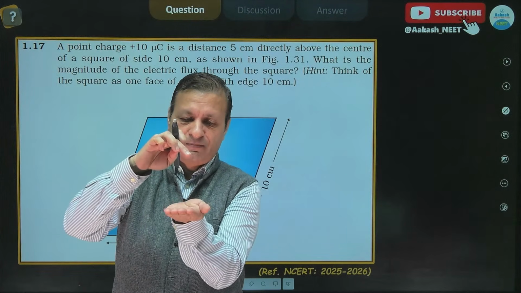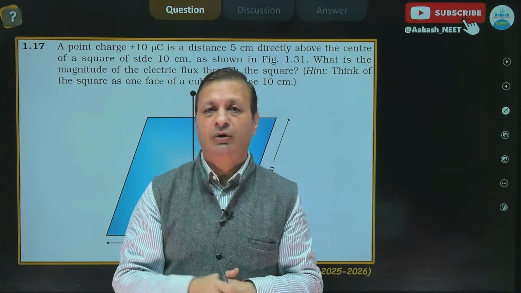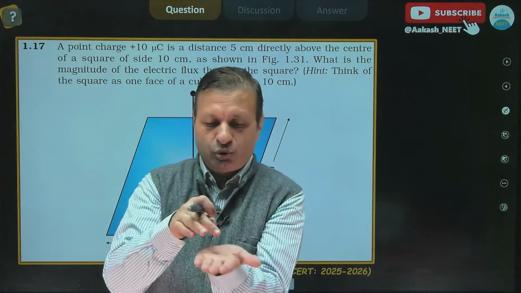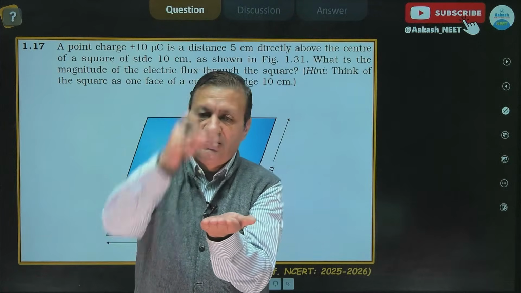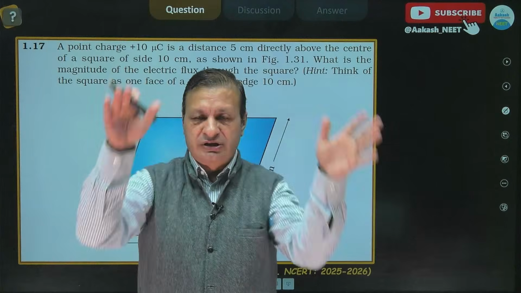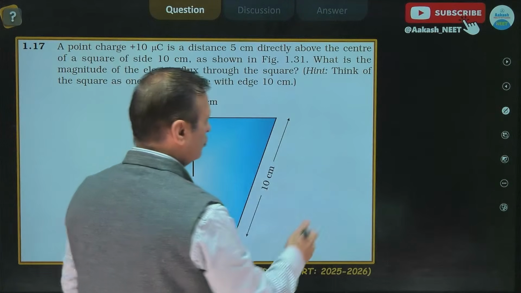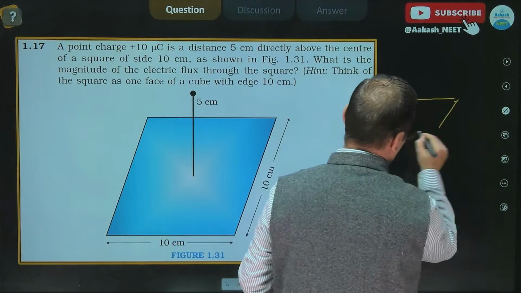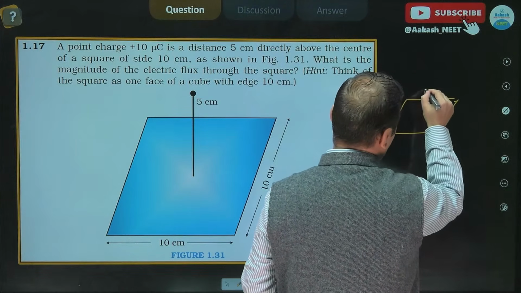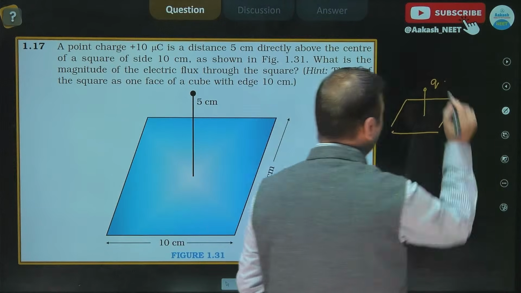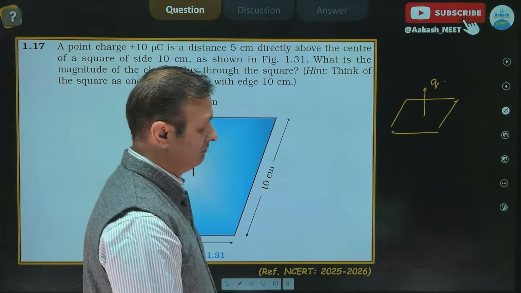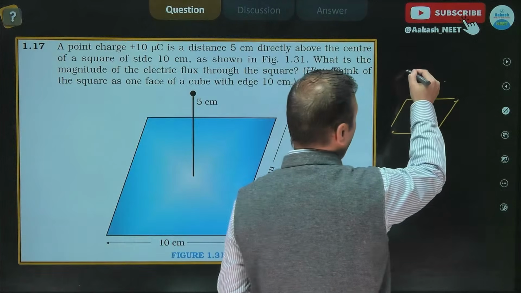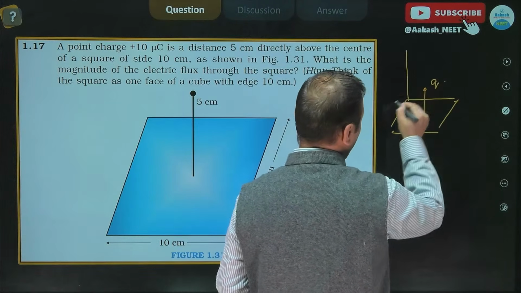Can you see this? Now the best way to approach it, just complete this square. You just raise all the edges and you just complete this square. So let's suppose this is a square and a charge is placed over here. I'm just suggesting you just raise all these vertical bars.